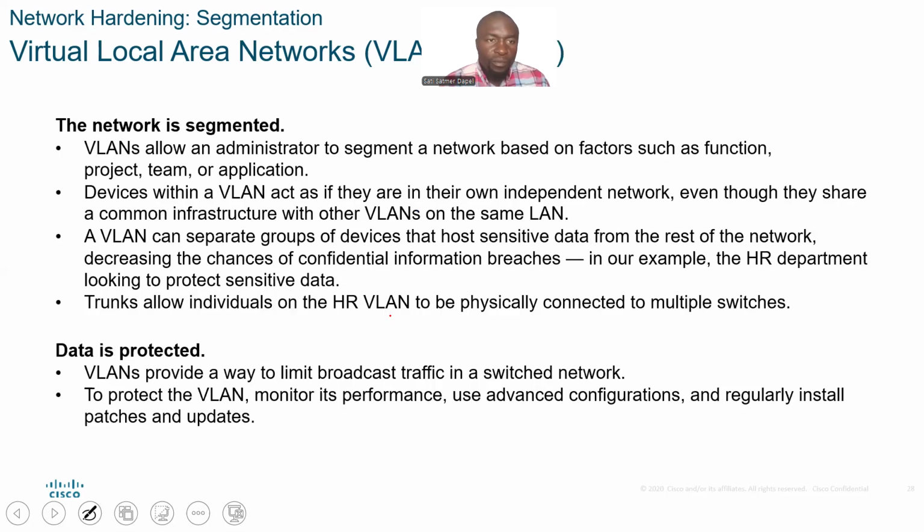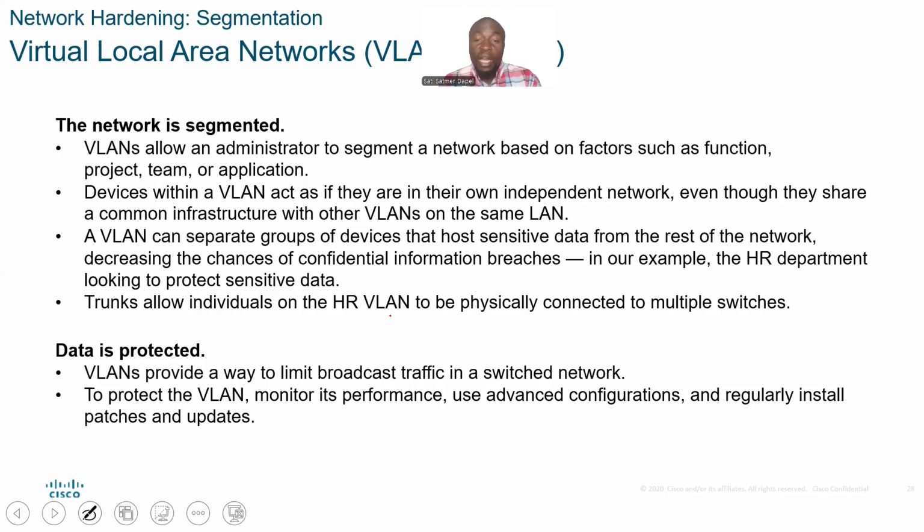So the network is segmented. VLANs allow an administrator to segment a network based on factors such as the function, project team, or even the application. In an institution, you could say based on faculties, departments, and directorates. You can segment your networks based on that.